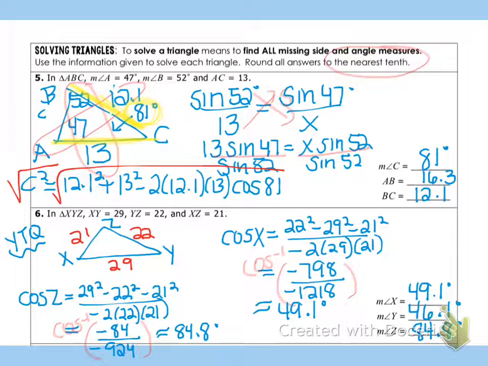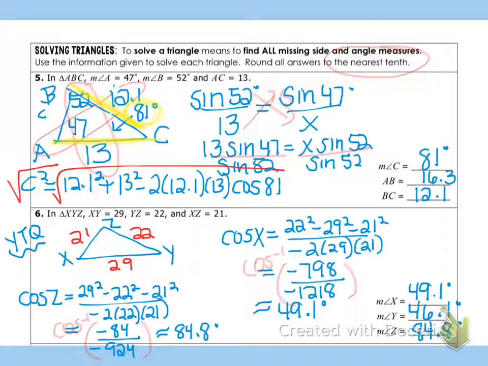Now, sometimes when you are doing these, because of the rounding and the order that you do them in, they might be off by a tenth or something, and I just would not worry too much about it. For instance, the answer key that came with the materials found x first, which was 49.1, then found y next as 46.2, which then made z 84.7.